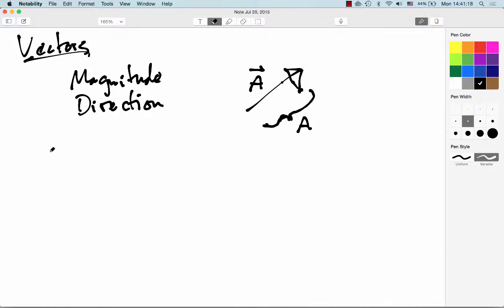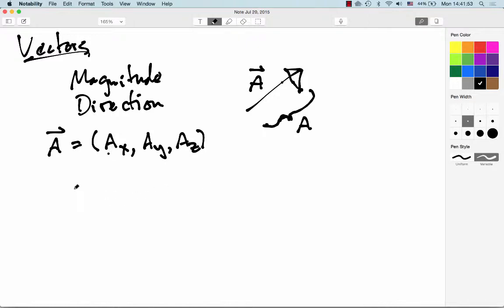Now, we can also choose instead to represent a vector as an ordered triplet of values, which we call the components of the vector. So ax, ay, az. This represents the piece of A in the x direction, the y direction, and the z direction respectively. And if it's positive, it's pointing in the positive x. If it's negative, it's pointing in the negative x, and so forth.